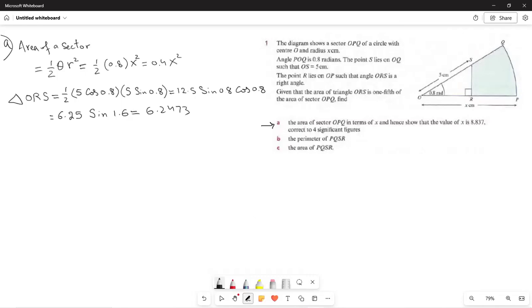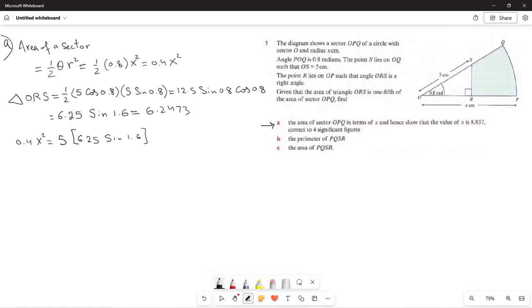Now we know that the total area, which we have found as 0.4 x squared, is 5 times the area of the triangle. So this is 5 times 6.25 into sine of 1.6 radians.